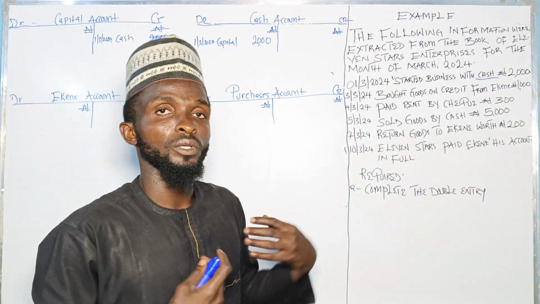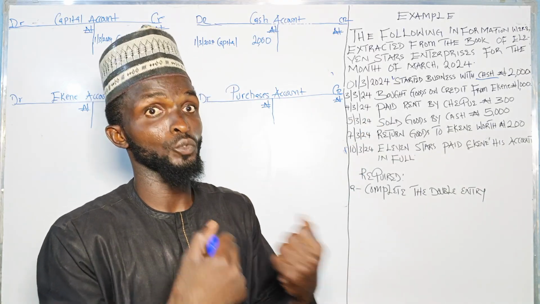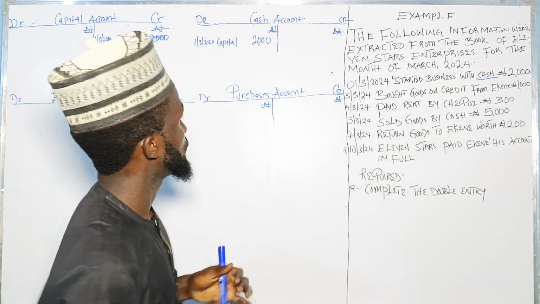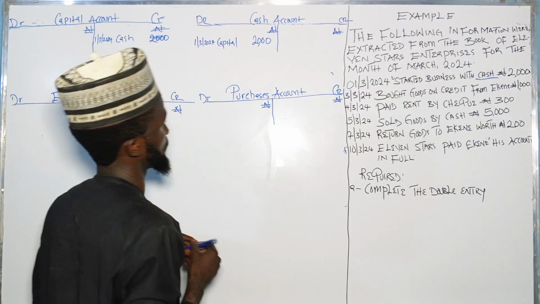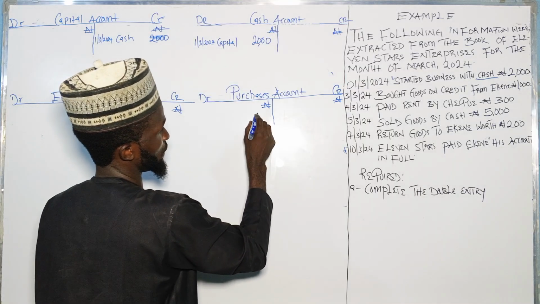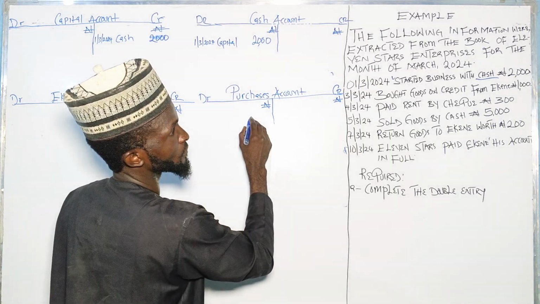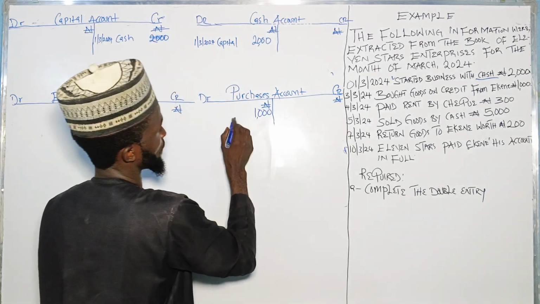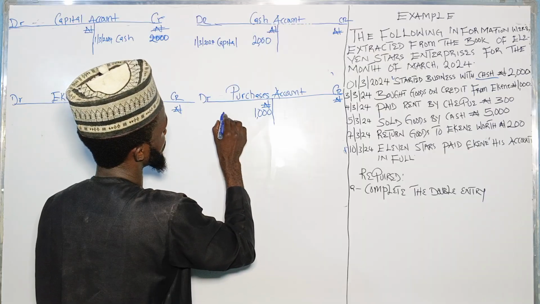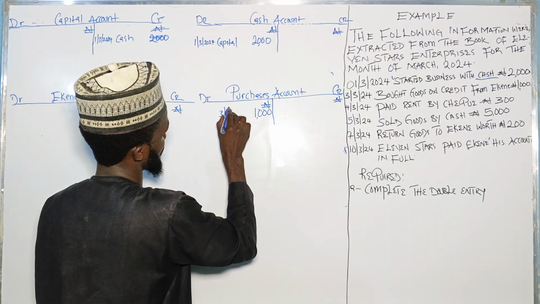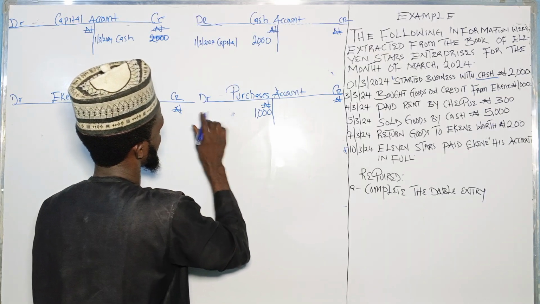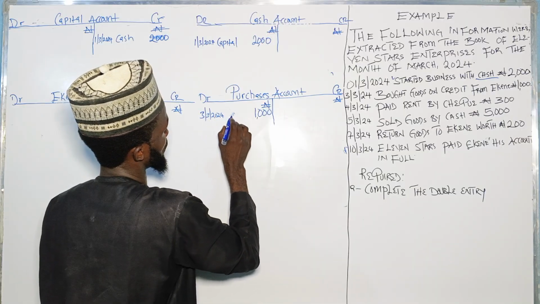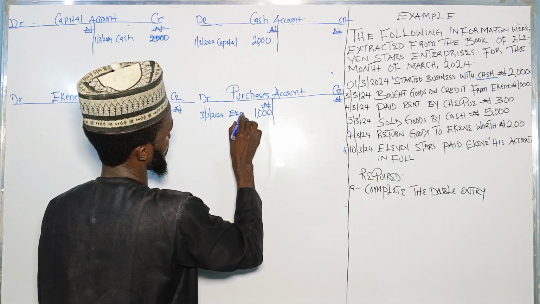Now, bought goods on credit. You, as the accountant, are representing the business. So the business receives goods, right? We say debit the receiver. So we are going to debit the purchases account with 1,000, on 3rd, with the name Ekene.